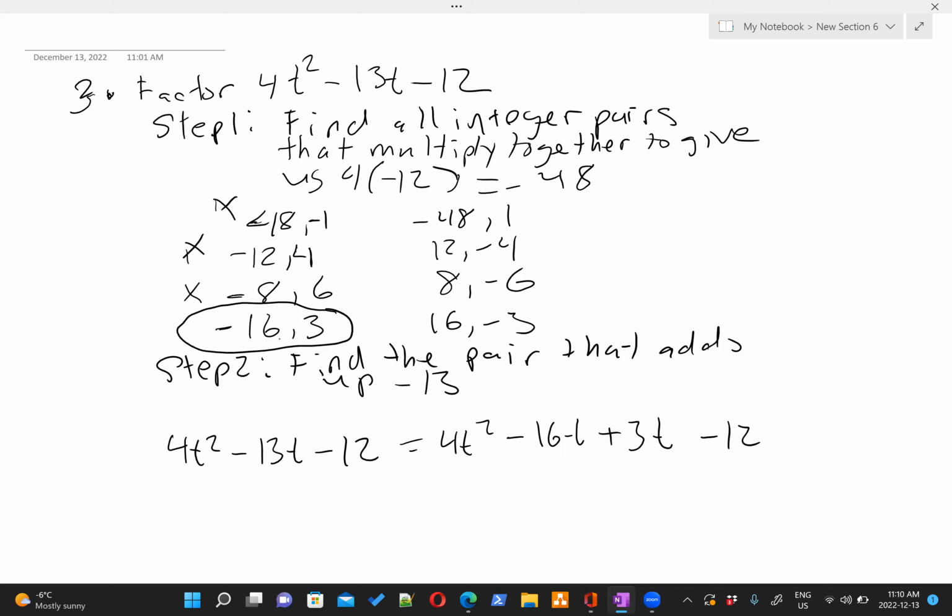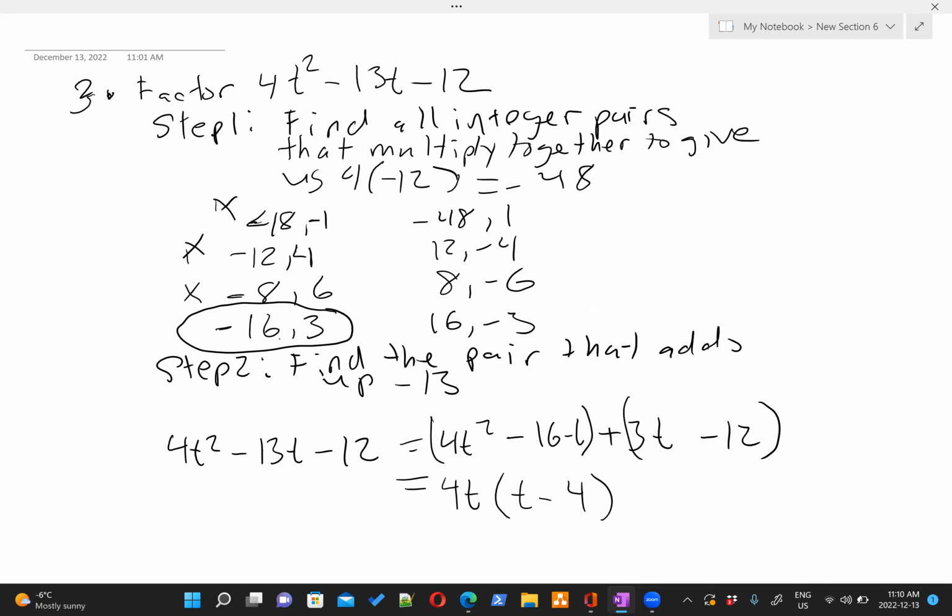Okay, so let's do that. Now I'm going to put brackets here and factor. How do you factor 4t squared minus 16t? You can factor out 4t, and what you get left over is t minus 4. And let's look at 3t minus 12.